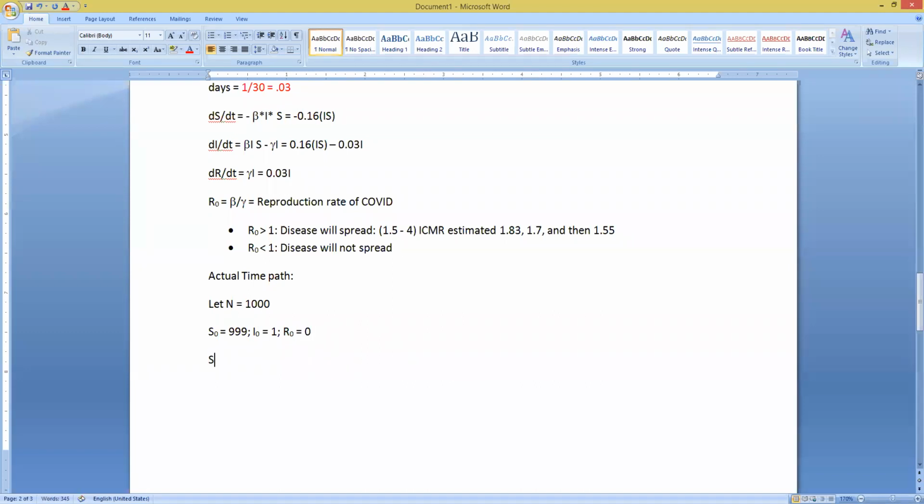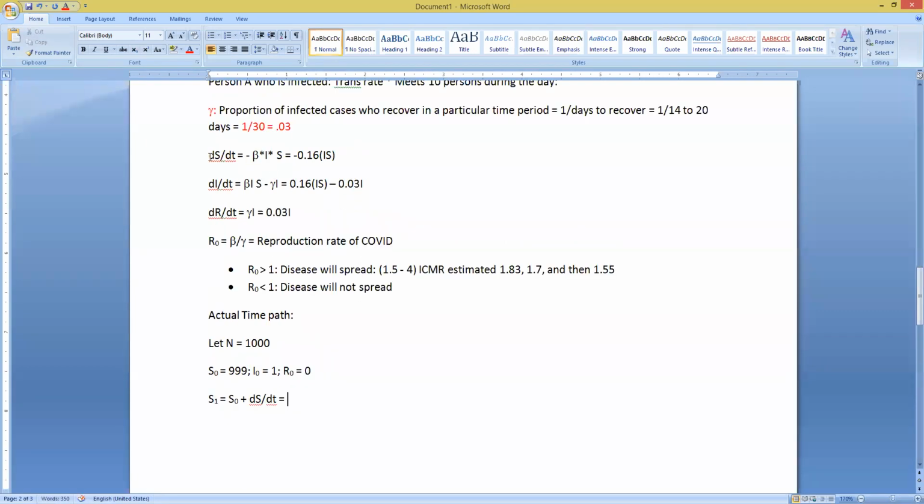Now we want to find out what is S1. S1 is simply S0 plus dS/dt.